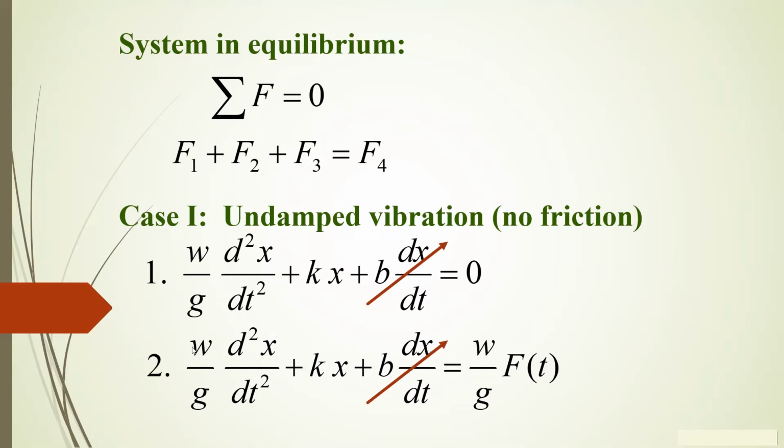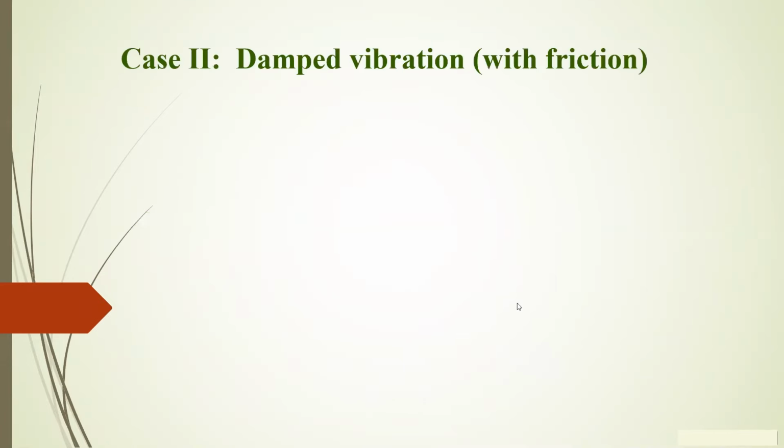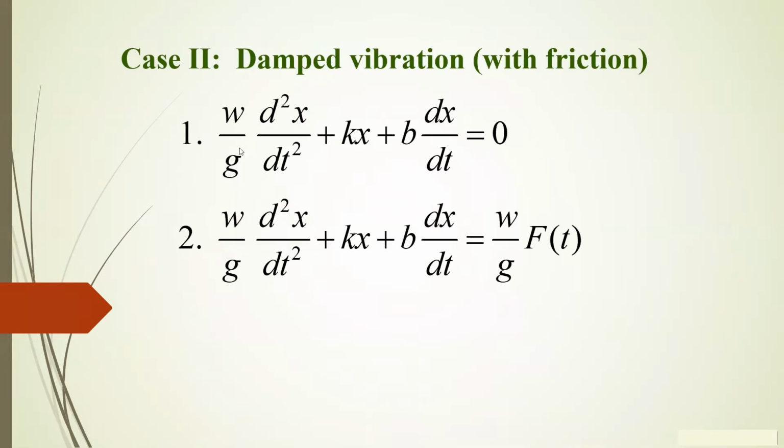But if there are external forces, F1 plus F2 equals F4. Since it's undamped, F3 is 0. Do you see the difference? So undamped, no friction. Now, case number 2. If it's with friction, F1 plus F2 plus F3 equals 0, or F1 plus F2 plus F3 equals F4.